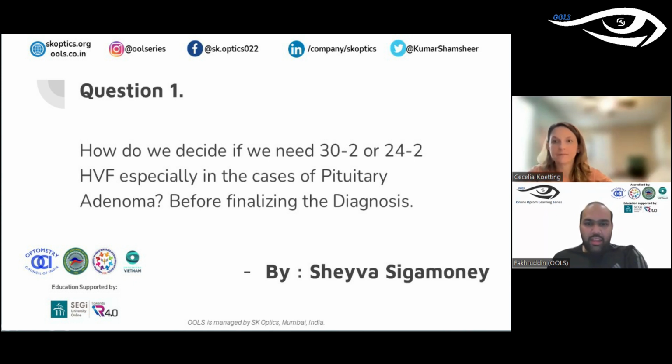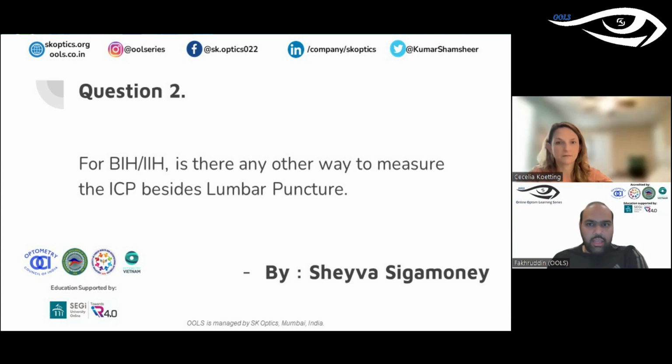Right. This question is asking more about lumbar puncture. Besides lumbar puncture, are there any associated tests you would perform? For BIH and IIH kind of issues, any other ways to measure the ICP apart from the lumbar puncture? That's a really good question.